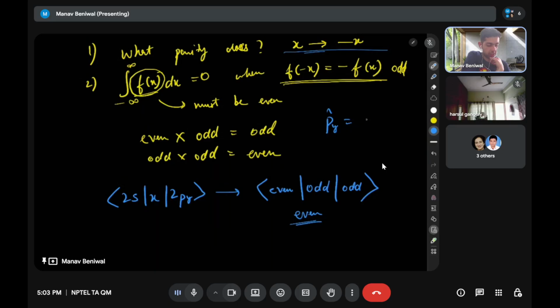It's iota h cut del by del y. So if your y goes to minus y, because of this derivative you will also have a minus sign coming in your py. Therefore, it has an odd parity.